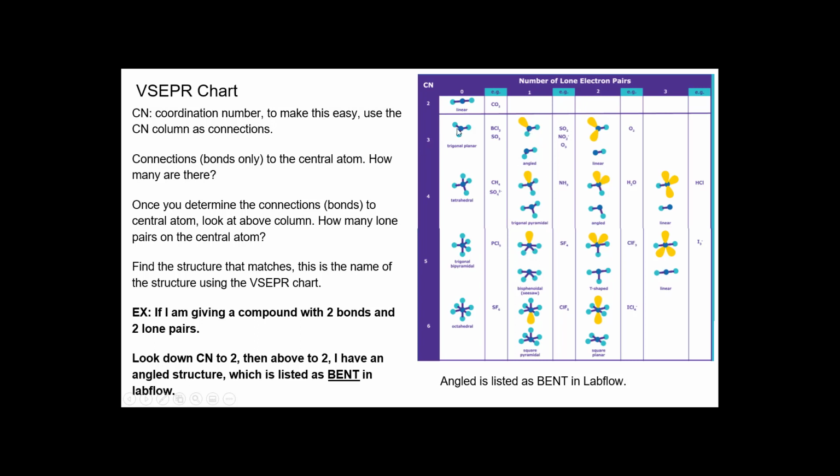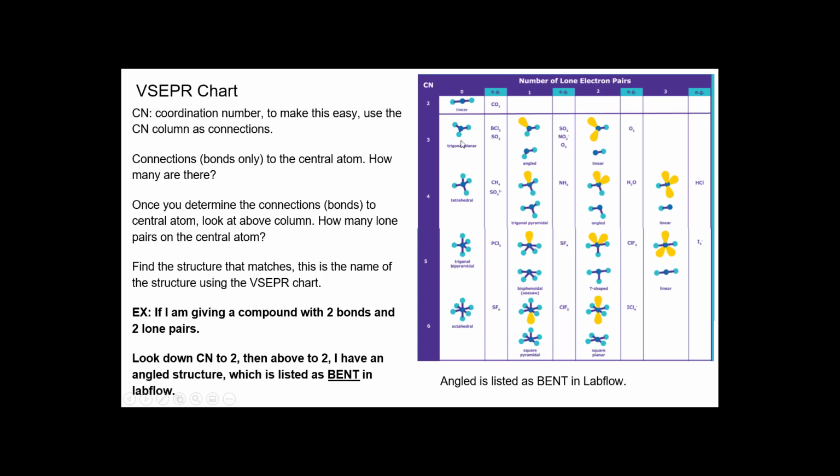If you have 3 connections on a compound, but 2 are lone pairs, you go across, and it's going to be considered linear. So these are ways to determine this. I was wrong here, and I'll need to make a correction on the slide for us. But think of this as connections, and then count how many lone pairs you have, and that's going to tell you what the shape is here.